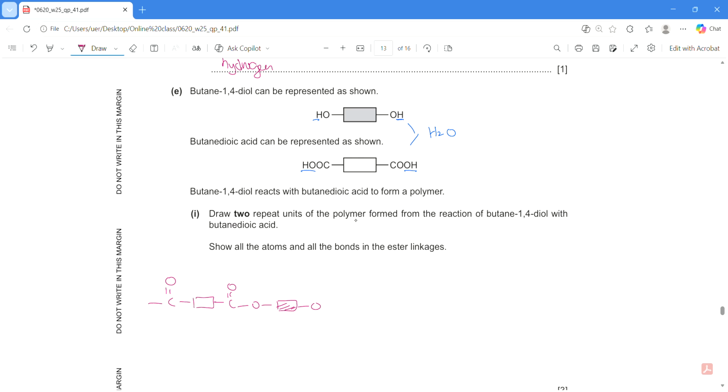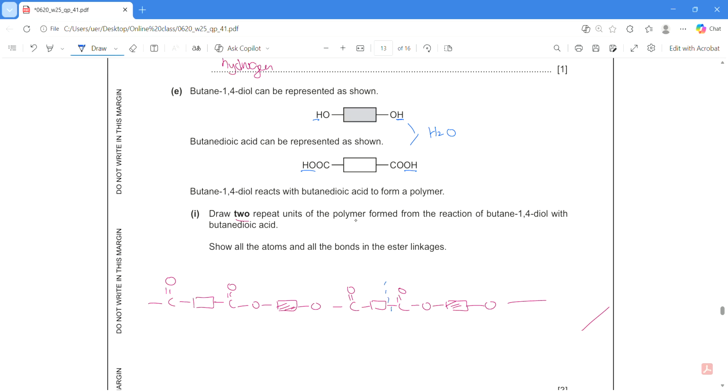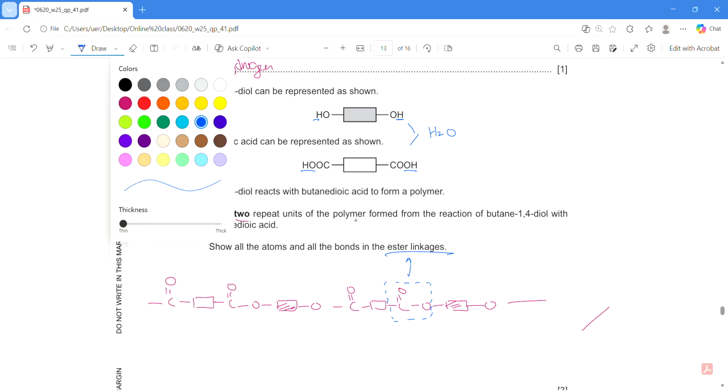So this is 1 unit. They ask for 2 units, so you just have to copy the same structure 1 more time. And that's it. Done. You can see here we have the structure COO. This is what they call the ester linkage.